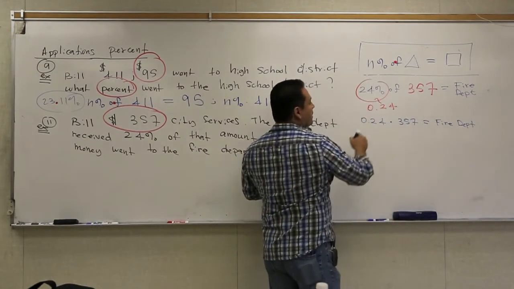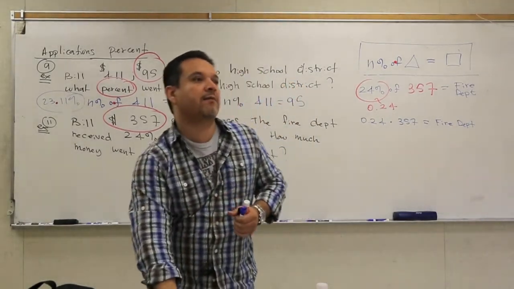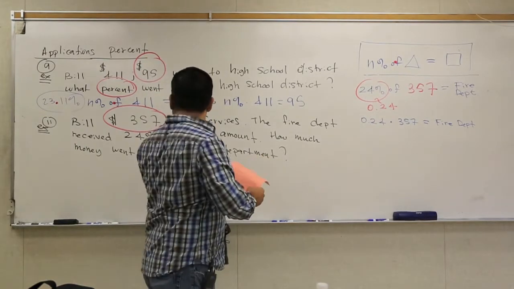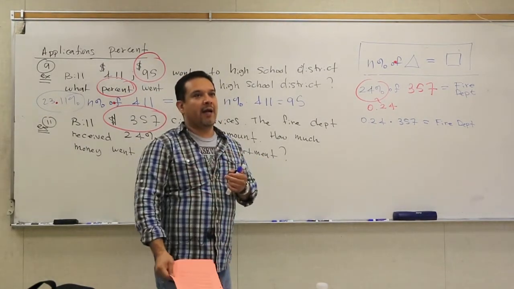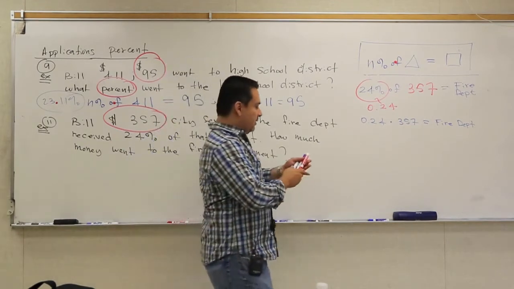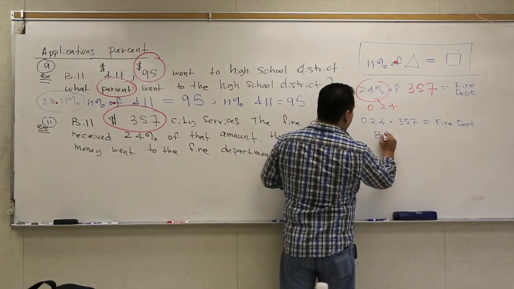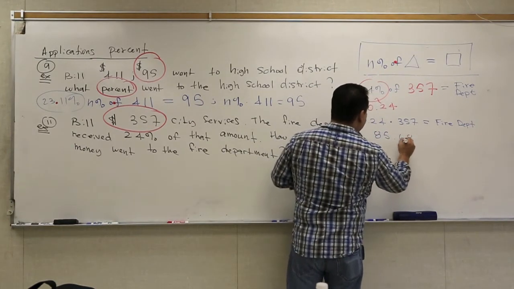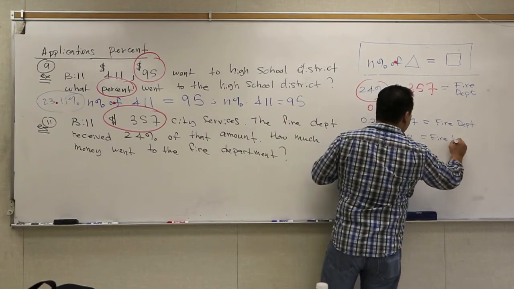And what's 0.24 times 357? Again, I computed this all last night and gave away my work to charity. And I got last night $85 and what? 68 cents. So the fire department receives $85.68.